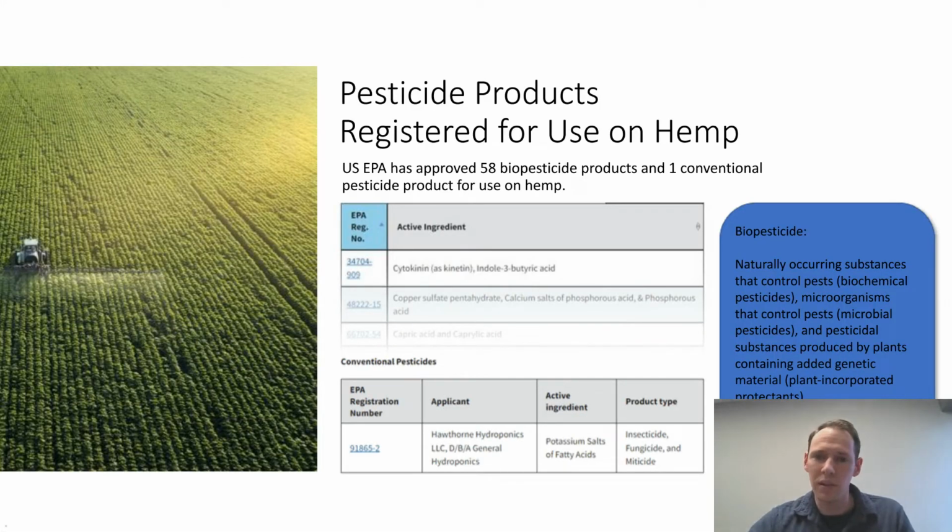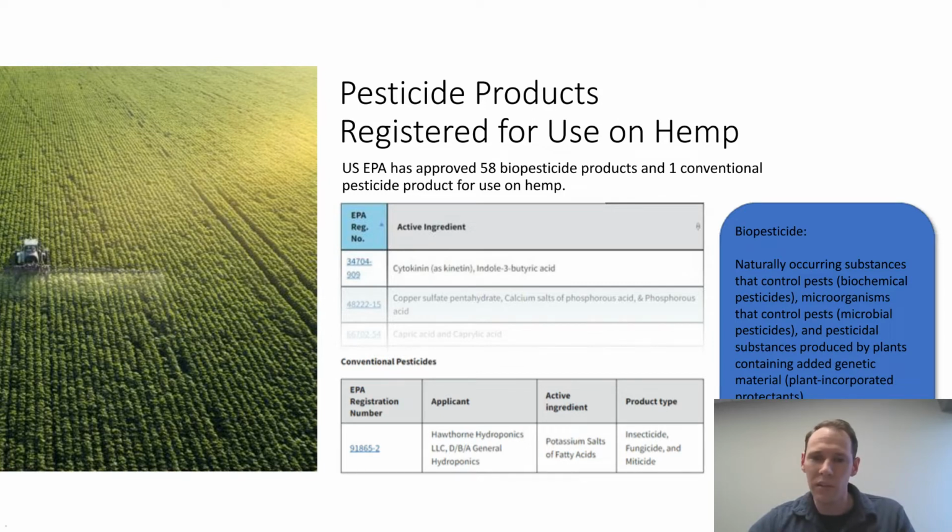And currently, there are 59 pesticide products that are registered for use by the EPA specifically for hemp. And hemp, of course, is the only currently federally legal form of cannabis. And out of the 59 pesticide products, 58 have active ingredients that are considered to be biopesticides.